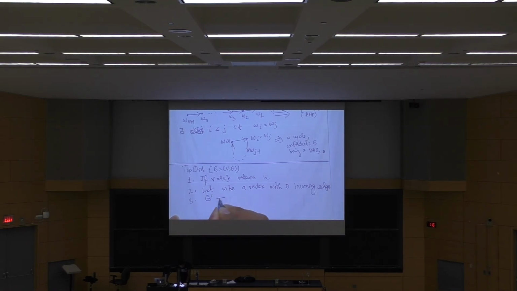Then define G prime to be the graph that you get by throwing away vertex W. And then you return the ordering W followed by the topological ordering of G prime. Okay.